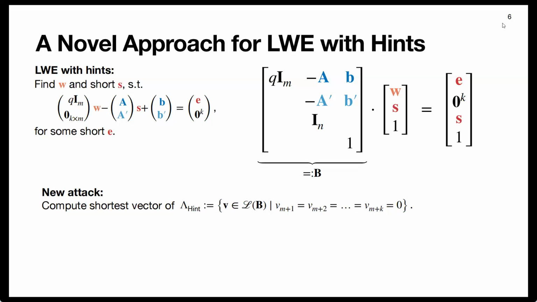For every hint that we have, going into the sublattice will decrease the dimension by 1. So since we have k hints, the sublattice has its dimension decreased by k. And again, the smaller the dimension of a lattice, the easier it gets to find the shortest vector. So not only have we sparsified the lattice, but we also decreased the dimension. So given sufficiently many hints, it should be quite easy to recover the shortest vector of this lattice, Lambda hint.